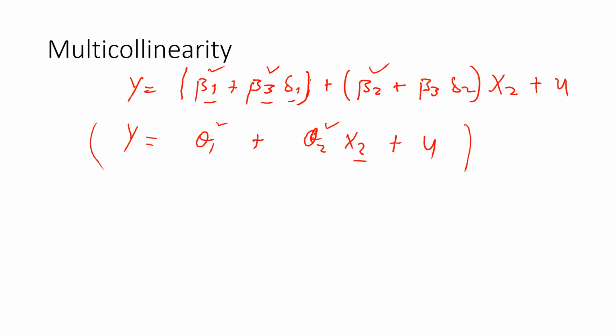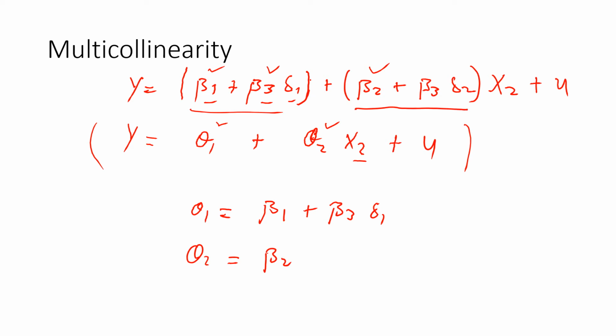We can perfectly estimate theta 1 and theta 2, but we cannot find the values from them. Why? Because let's say theta 1 is equal to, again I'm writing this whole equation, beta 1 plus beta 3 sigma 1, and theta 2 is equal to beta 2, again from this equation, plus beta 3 sigma 2.